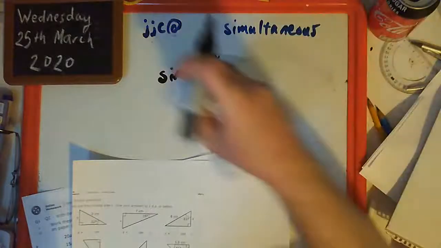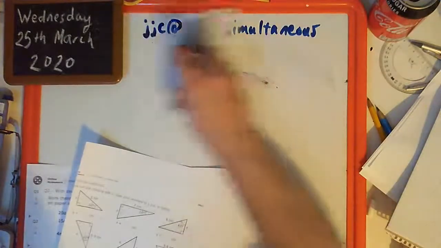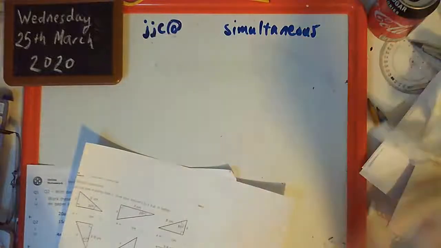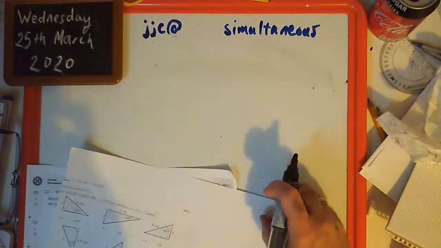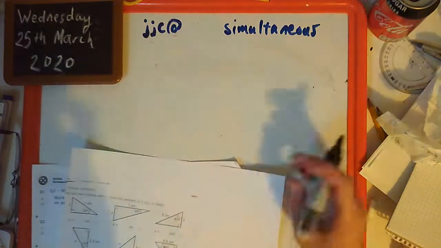So there's only 6 different questions you can get where you're finding out the missing side. So once you get to grips with those 6 questions, then you know all of the questions.